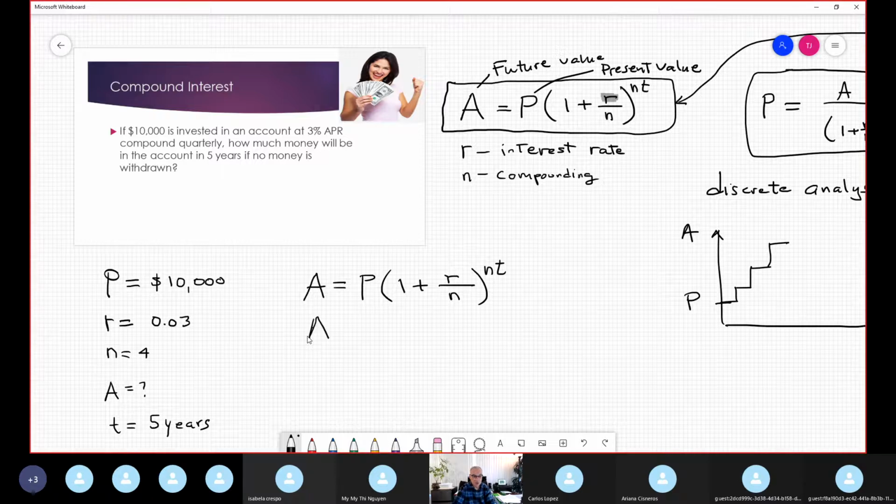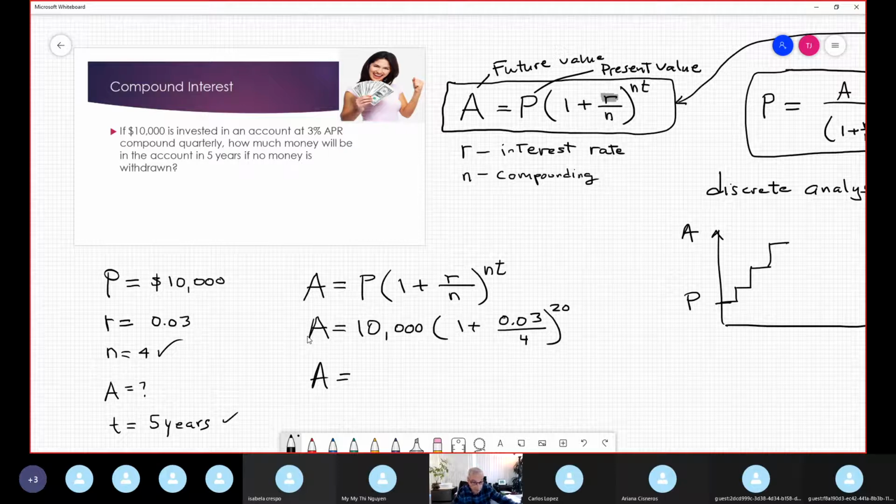So the future value, which is the thing I want to find, is 10,000 times (1 plus 0.03, which is R, divided by 4), raised to the power NT. N is 4, T is 5, and 4 times 5 is 20. The exponent is 20. Please put it in your calculator.